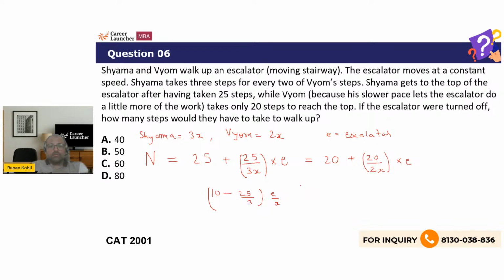And this 20 goes over there, so equals 25 minus 20, which is 5. This is 10, 3 is 30 minus 25, which is 5 by 3 of e by x is 5. 5 cancels, so e by x is 3. Put this back over here, e by x is 3, or you can simply say e over 3x, this thing is 1. So n is 25 plus 25, 50. Done.